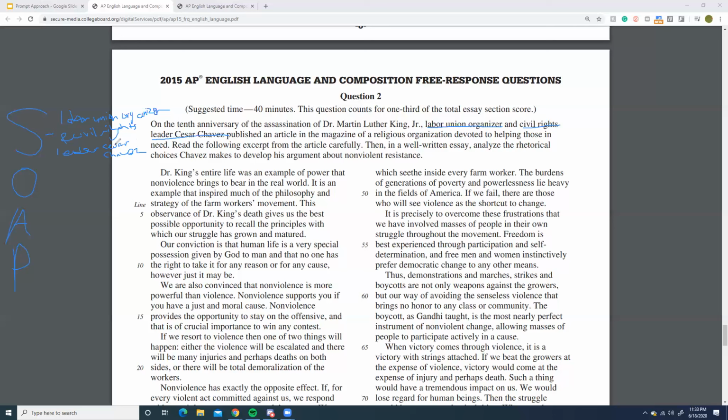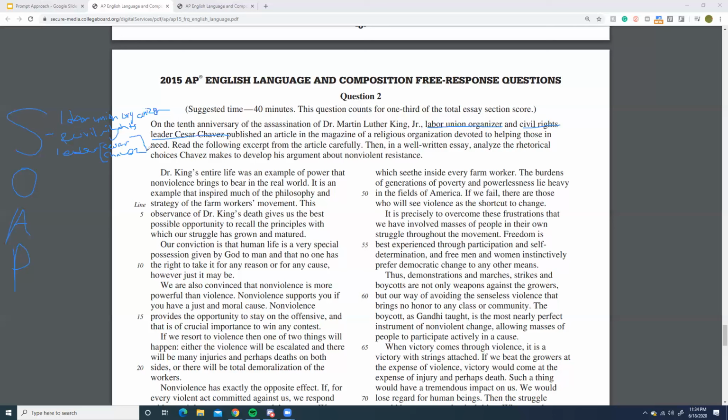Sorry, it's really bad handwriting, but it says labor union organizer and civil rights leader Cesar Chavez. When you're doing this, you'll technically be all right if you just write Cesar Chavez.